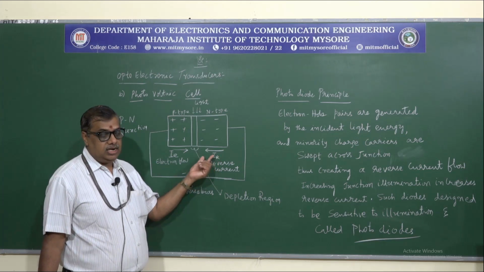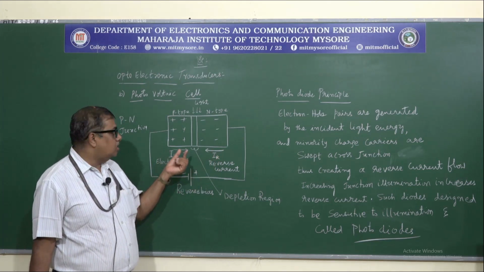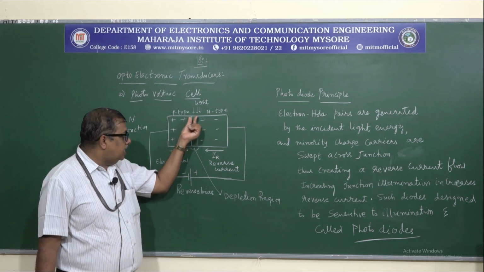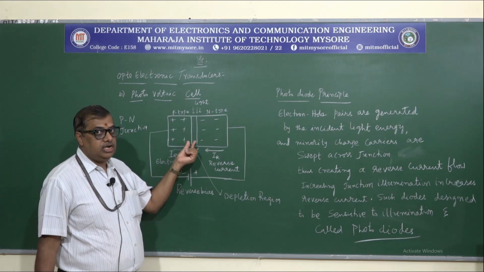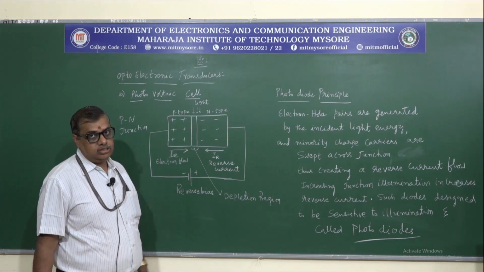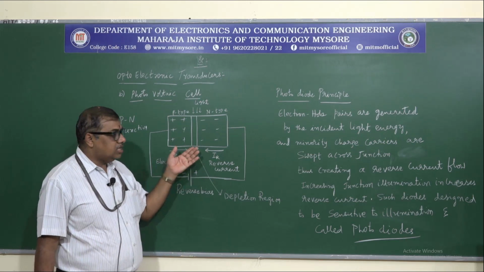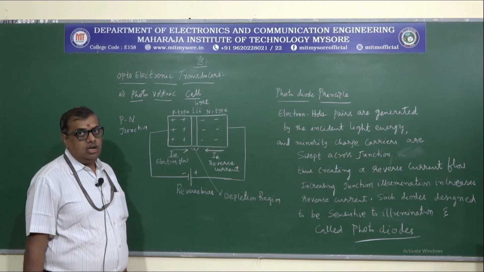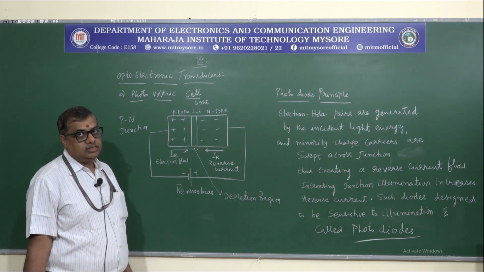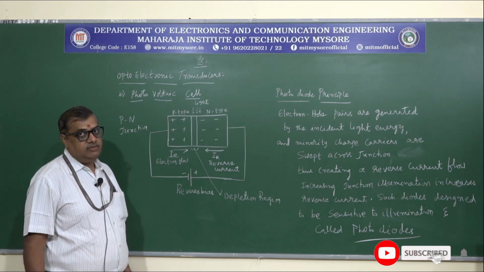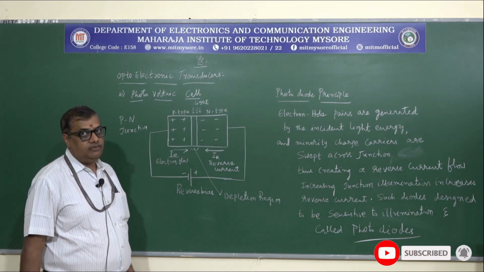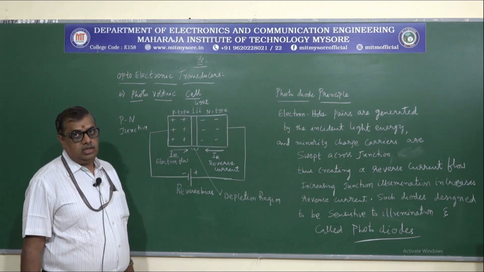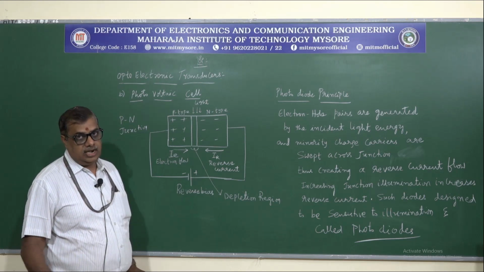This flows because of thermally generated electrons and holes inside the junction. At the depletion region, this small current is called the reverse saturation current.